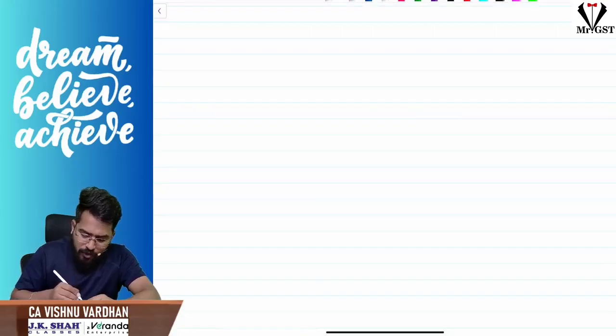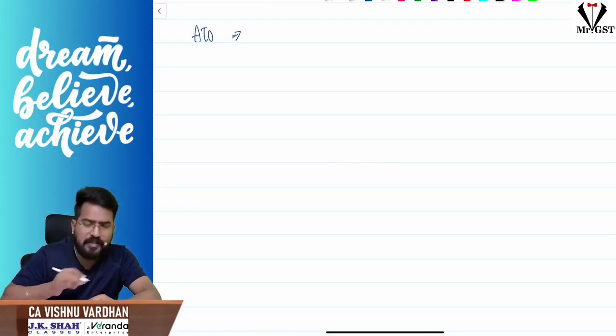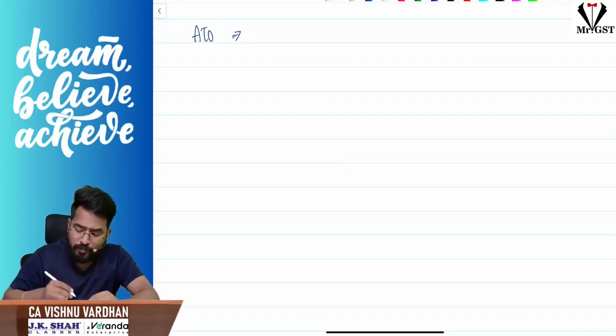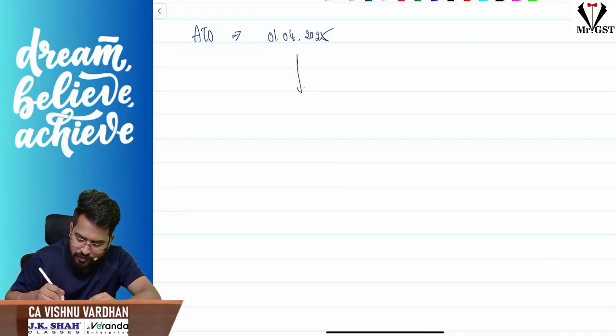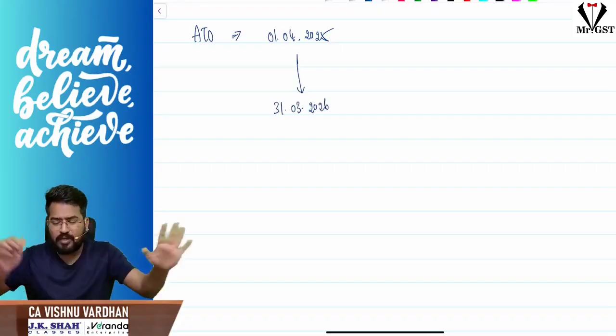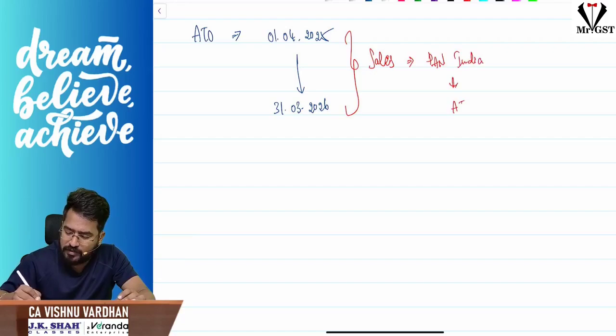Normally when we talk about aggregate turnover, we will take on pan India basis whatever the sales we have made from 1st April, let us assume 2025, till 31st March 2026. Whatever sales you have done on pan India basis, that will be treated as your aggregate turnover.